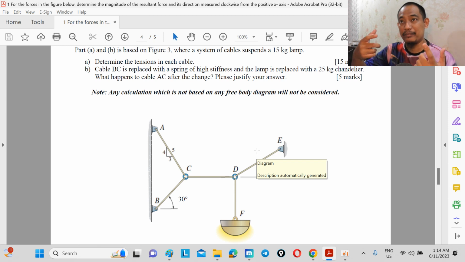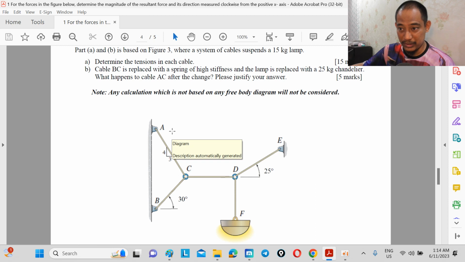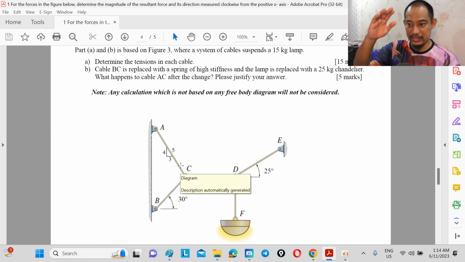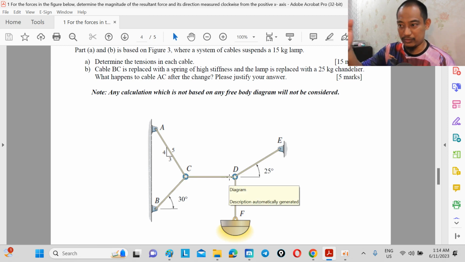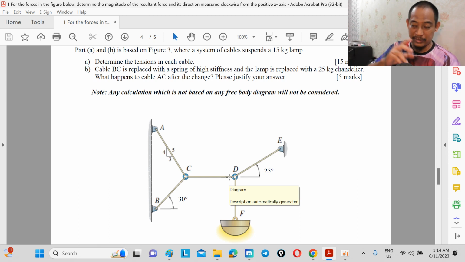So it may depend on the stiffness of the spring itself. Is it so stiff that it drags towards B? Then the angle of cable EC will shift to become more acute, right? But if the weight of 25 kilograms is much more significant, it will drag in the other direction, right? From my perspective, that's how I would word it.